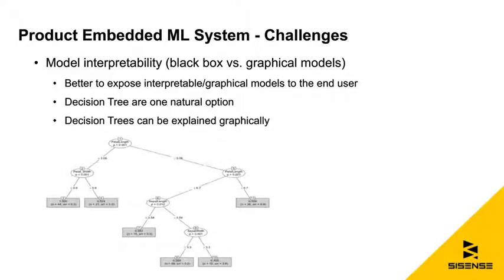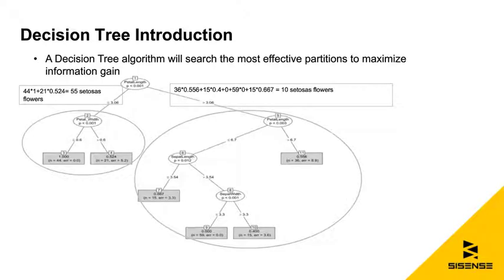And just to drill down and talk a little bit about the decision tree, we'll take, for instance, this decision tree, which is being run on a data set called Iris, which contains flowers. So a decision tree algorithm basically will search recursively the most effective partitions to maximize some criteria, whether it's information gain or Gini index.